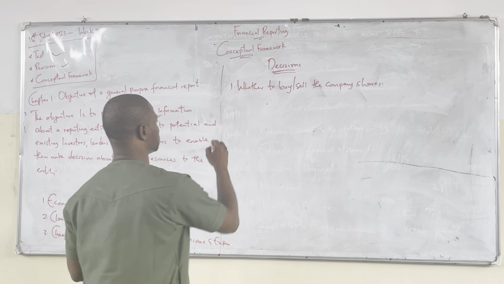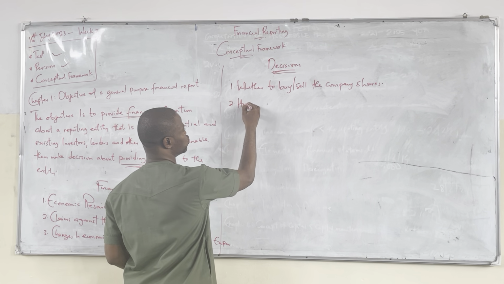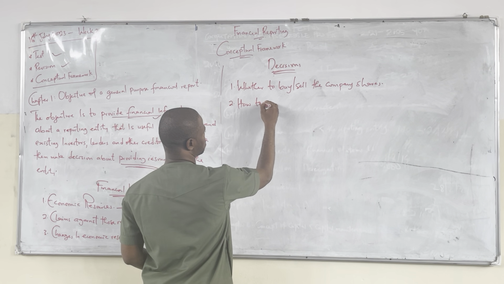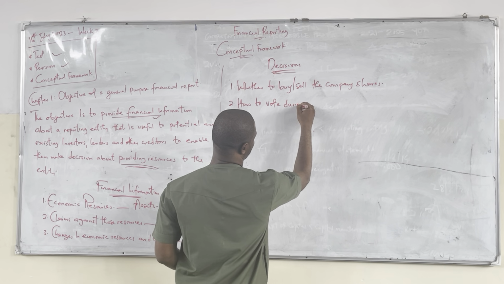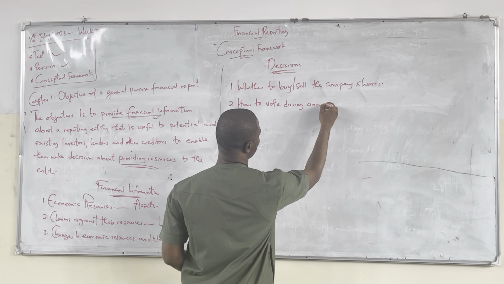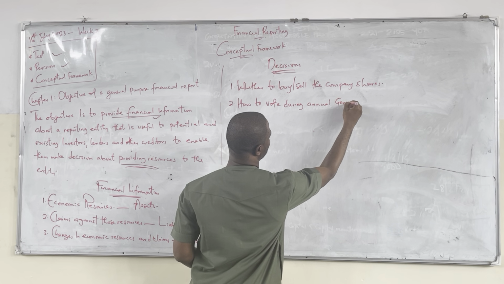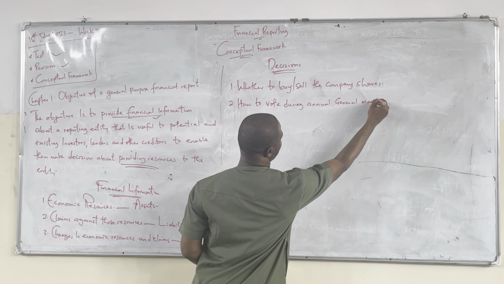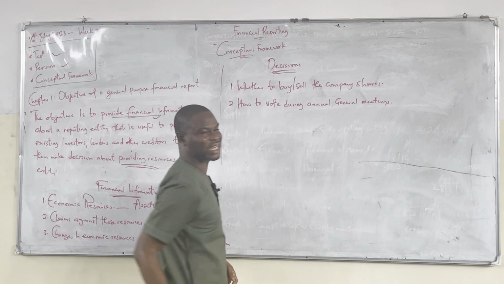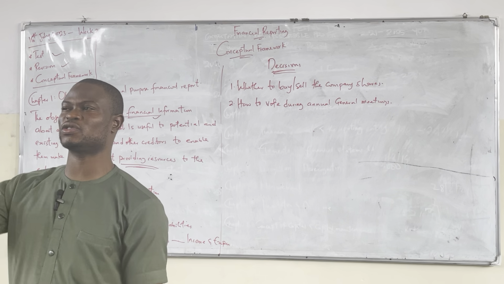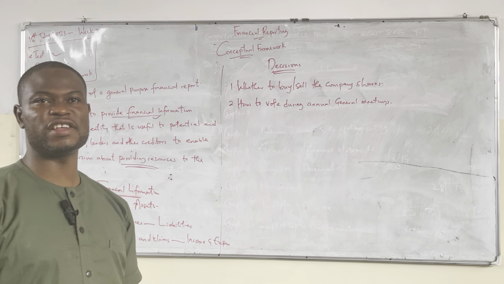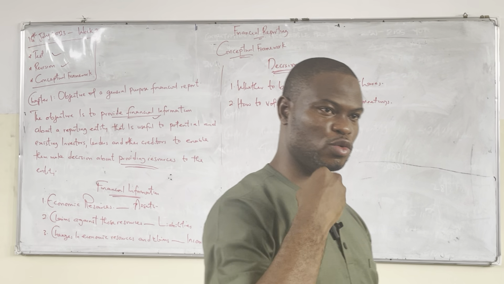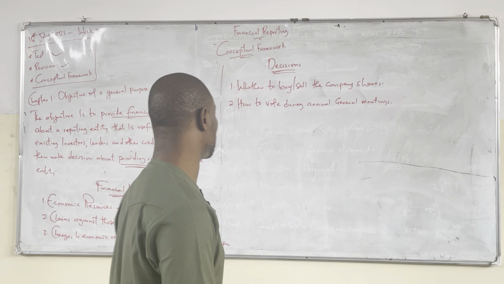Not only that, he wants to make decision on how to vote during annual general meetings. He wants to make that decision how to vote, whether he should vote against the existing management or for them. So with the financial information he has, he would be well informed on how he wants to vote.